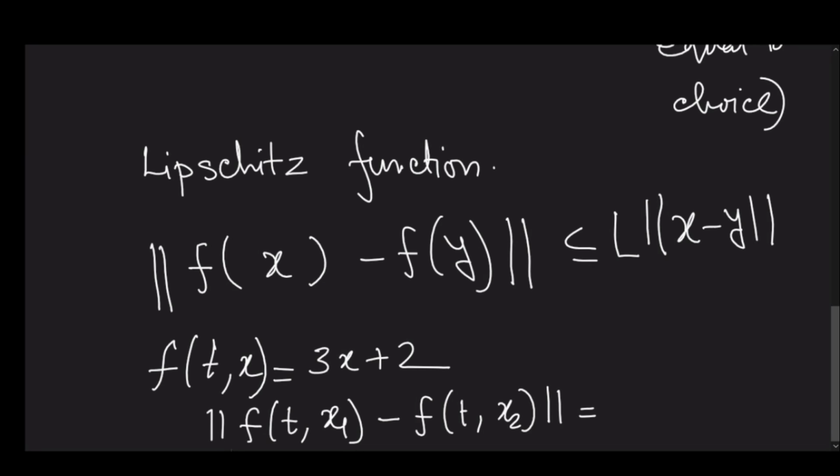So that will result in 3 of x1 minus x2. So here the Lipschitz constant is what? Lipschitz constant L is equal to 3. Here what we are claiming is a very simple thing: the rate of change of your function is bounded, here our L is 3.